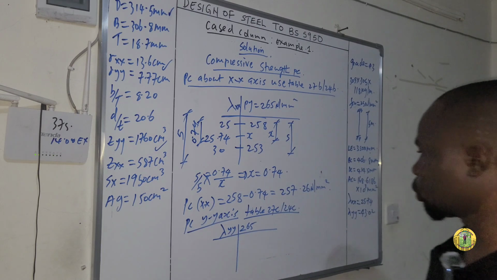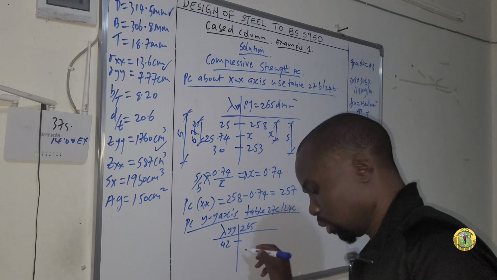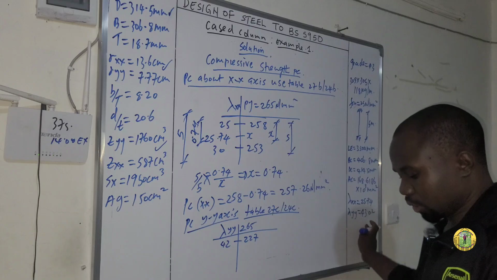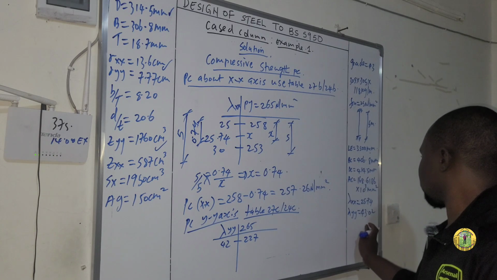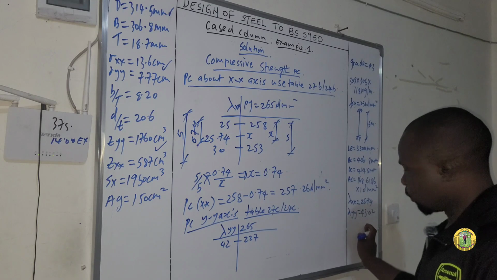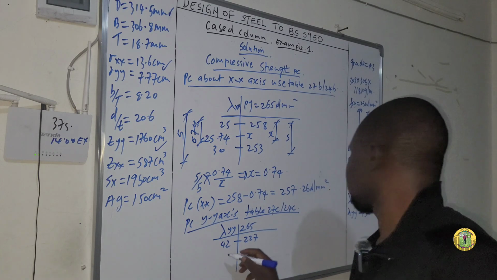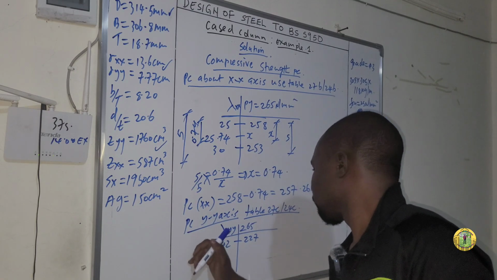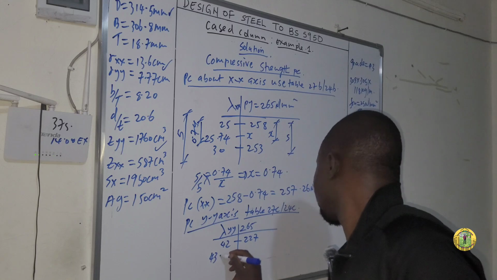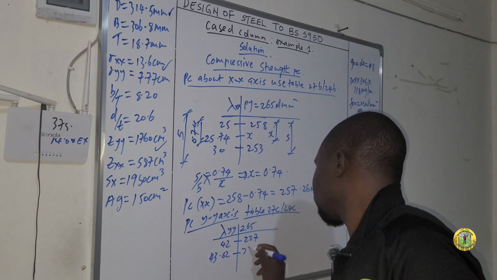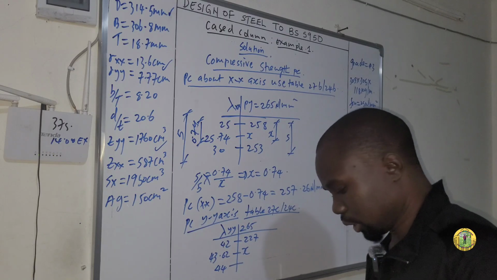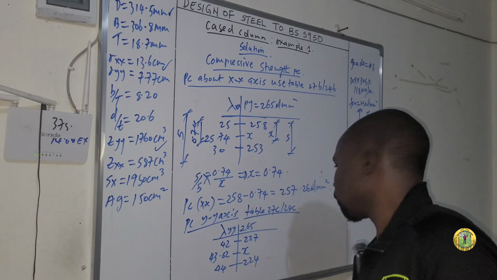So here we have 42 corresponding to 227, and then ours here is 43.02 corresponding to X, and then 44 corresponding to 224.